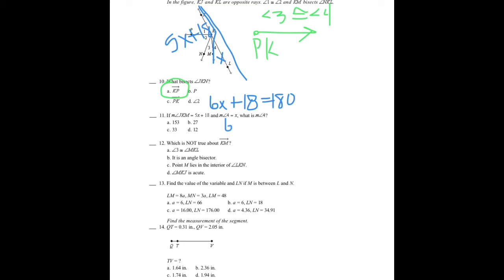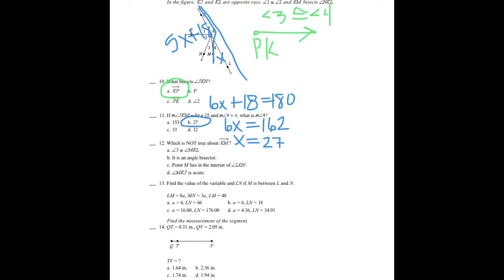Subtract 18 from both sides. 6x equals 162. x equals 27. And what do we find is the measure of angle 4? There we go. B is 27, because x is angle 4.